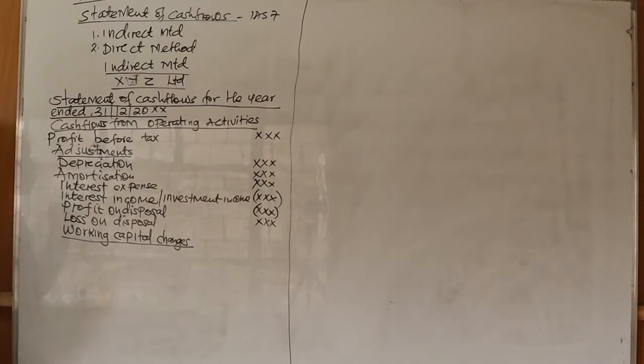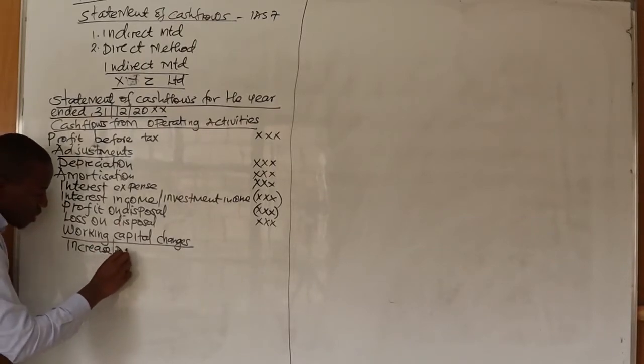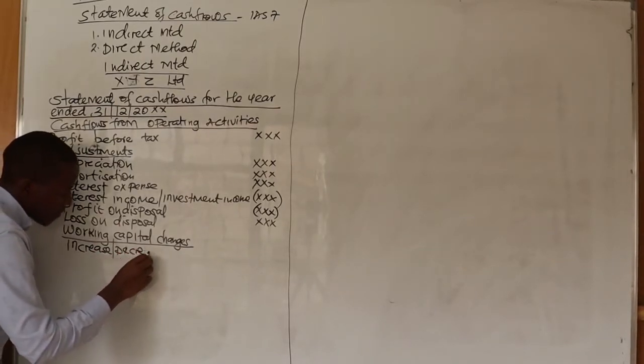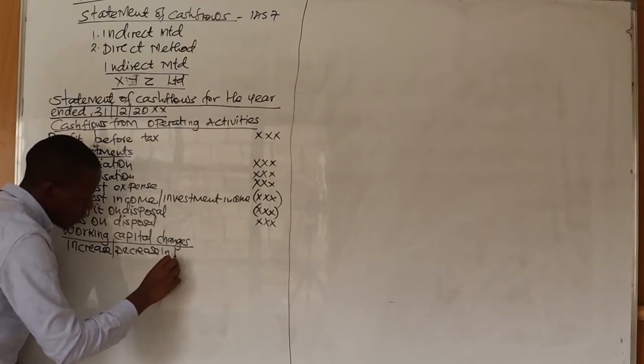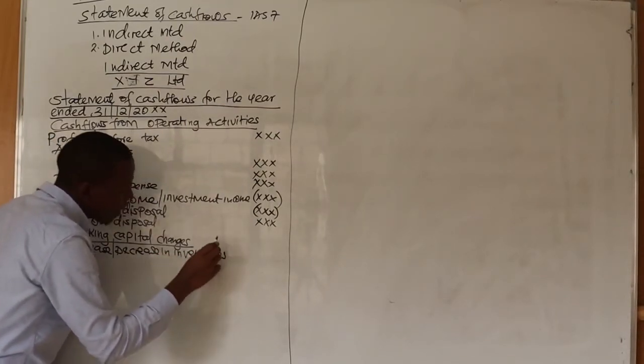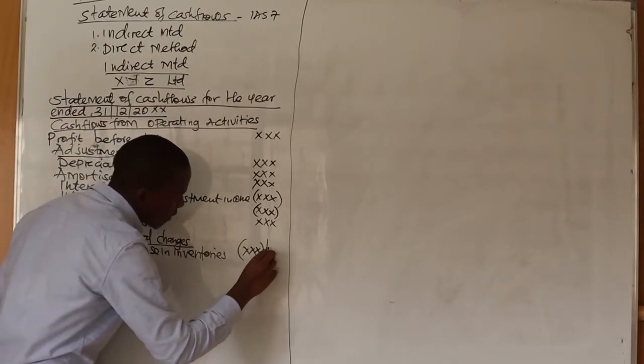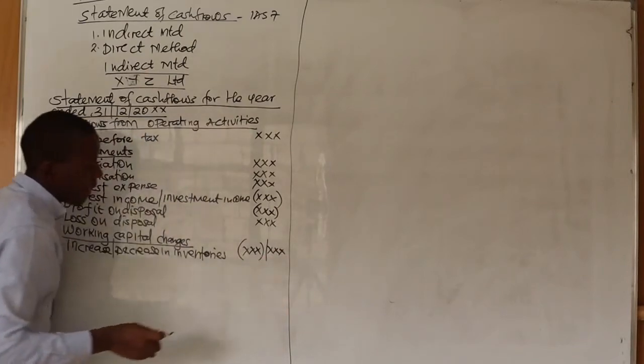So in that case, you just look for the increase or the decrease in inventories. If it is an increase, you less. If it is a decrease, in that case, you'll be able to add.